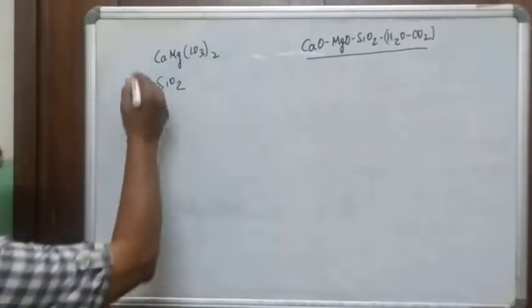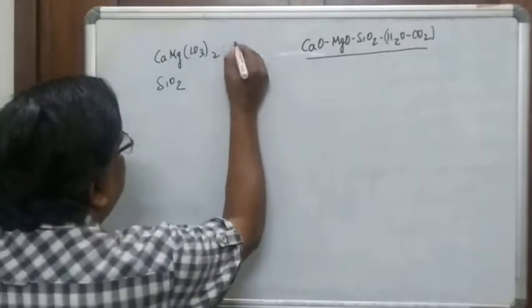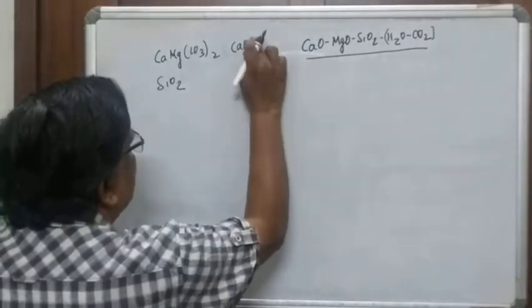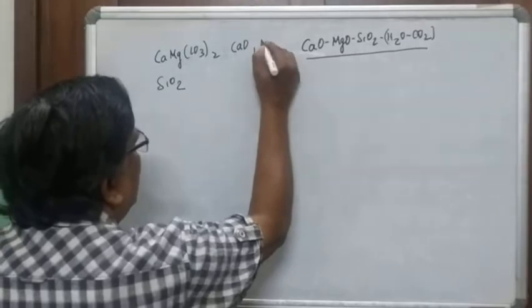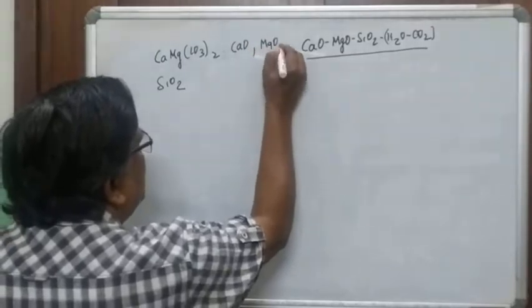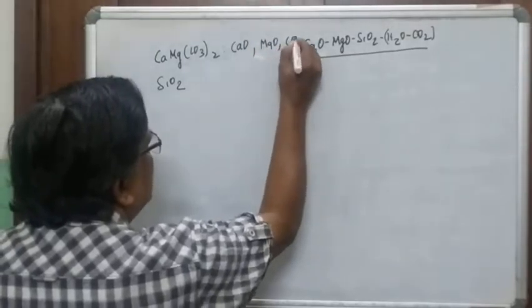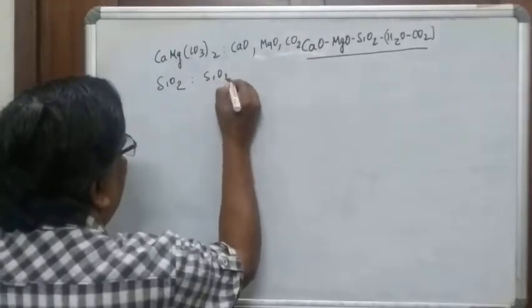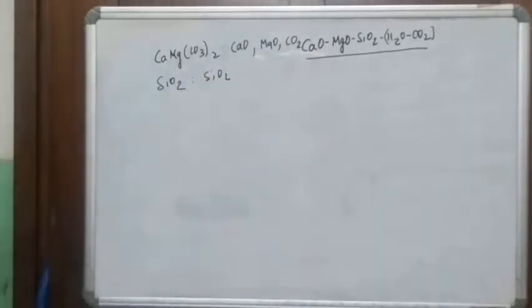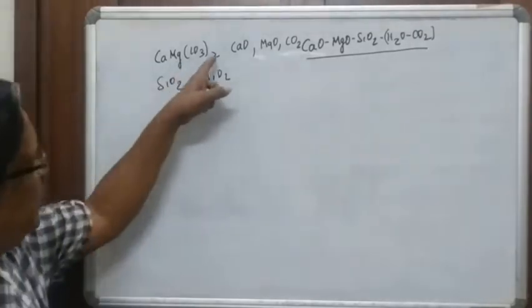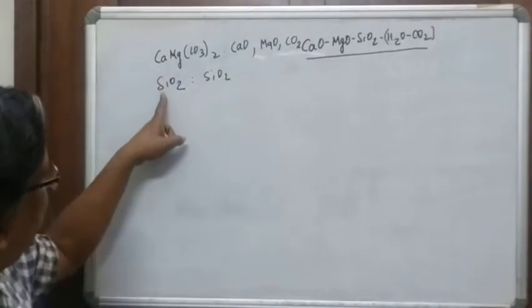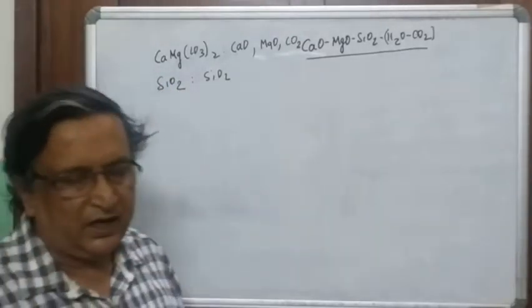Now CaO, MgO, CO2, this can be written in terms of CaO, MgO and CO2, and this can be written in terms of SiO2. So you have CaO, MgO, CO2, these make up dolomite, and SiO2 is 100% SiO2.